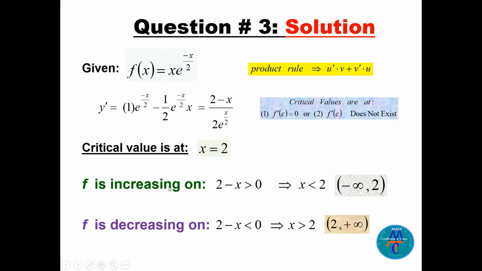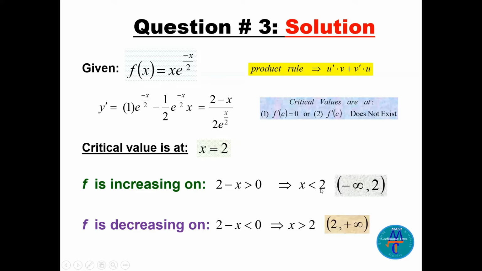So we say f is increasing if f prime or y prime is positive. So 2 minus x greater than 0. That's easy, linear. No need here for a table of signs. This is always positive, e to the power x over 2. Times 2, this is always positive. Remember here, so we only study 2 minus x greater than 0.